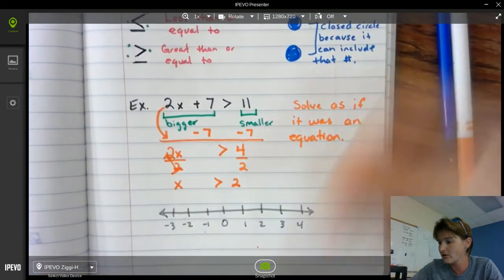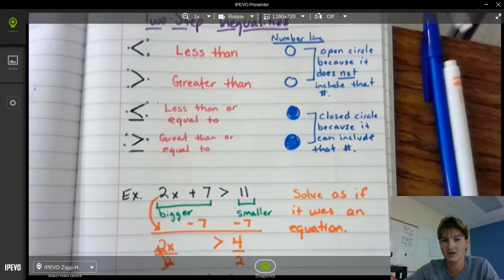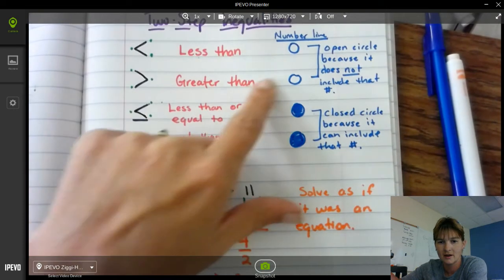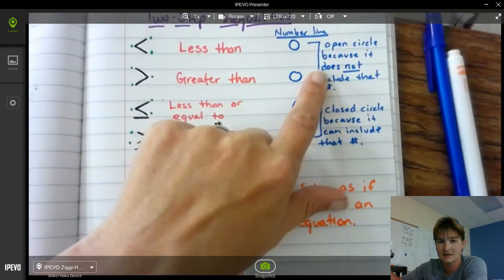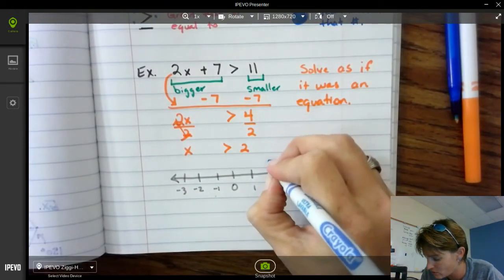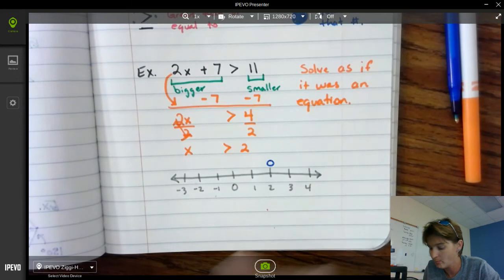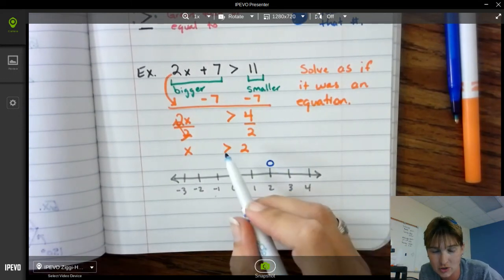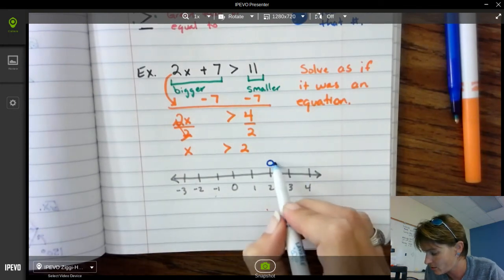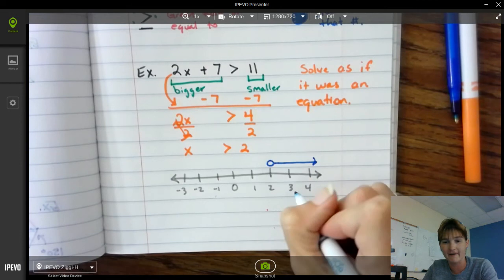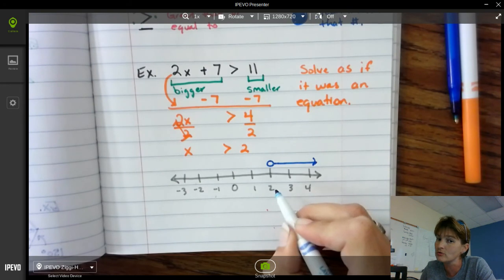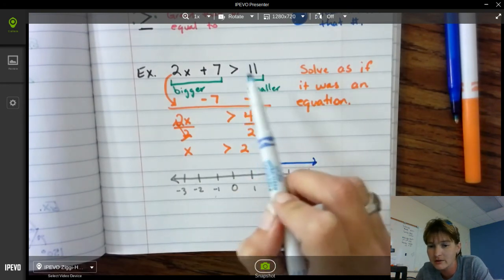On the number line, since we have the greater than symbol, we need an open circle, and it does not include this number. So we're saying x cannot be 2, shown by an open circle, but x can be greater than 2. Where do our numbers go higher or greater? It goes to the right. If I plug in a value of 3 or even 2.1, which is greater than 2, that should give me a value greater than 11.